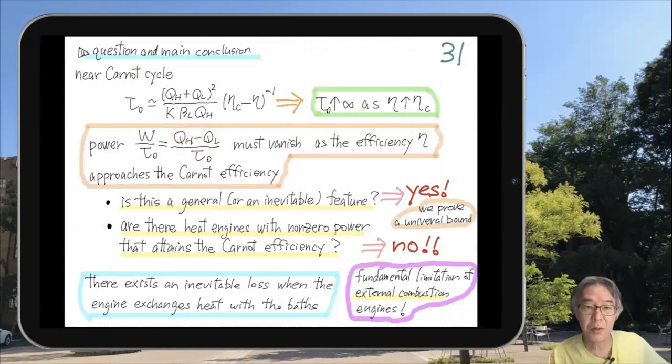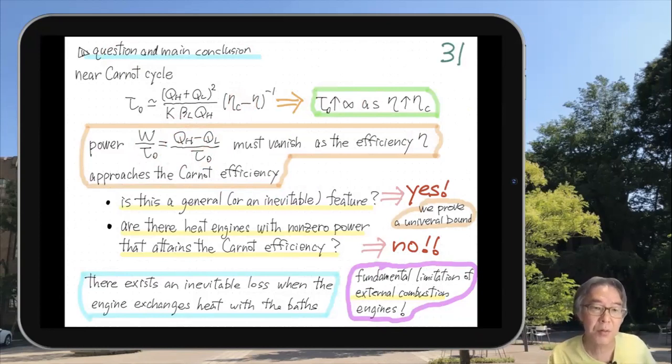So our conclusion is that within this near Carnot cycle, there is a kind of trade-off relation. If you want to make your efficiency close to eta C, then your power becomes smaller and smaller.